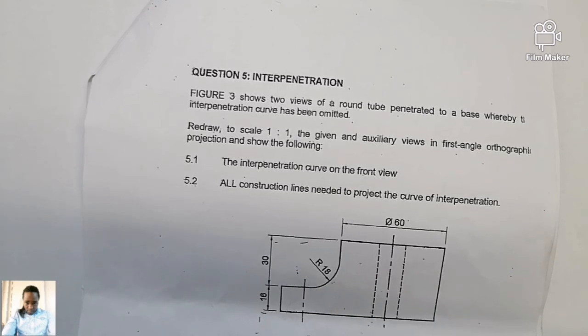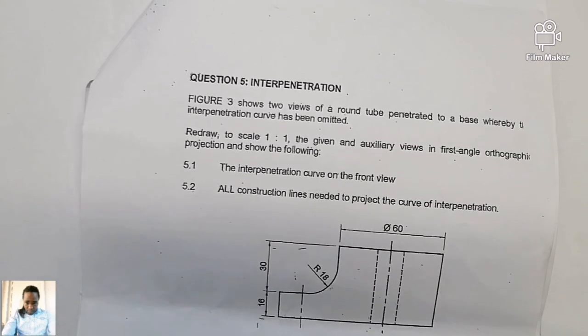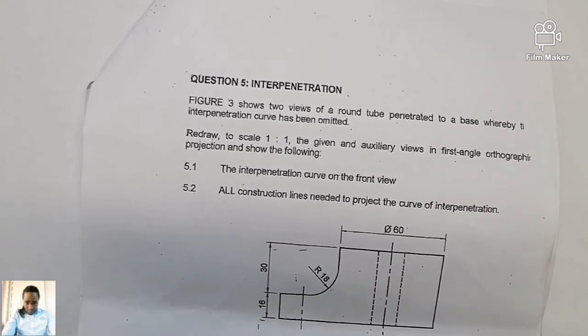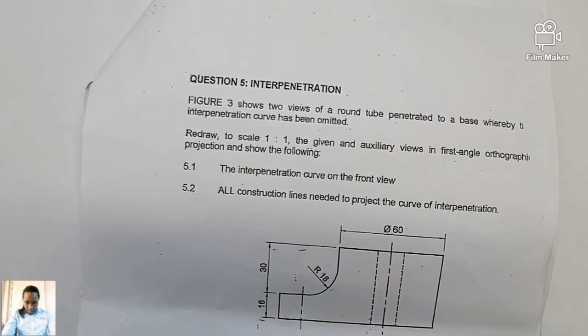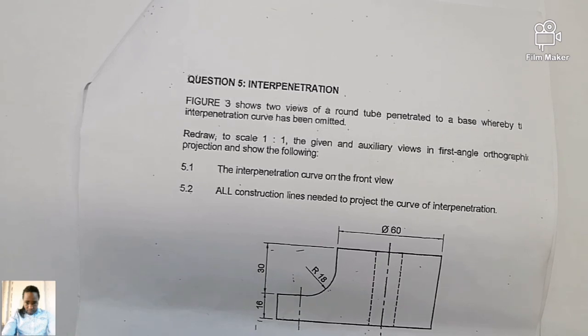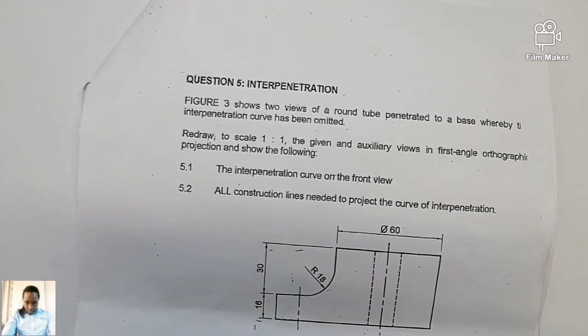The given auxiliary views are in first angle orthographic projection. For 5.1, you are expected to draw the interpenetration curve on the front view. The line of penetration is always expressed in your front view.